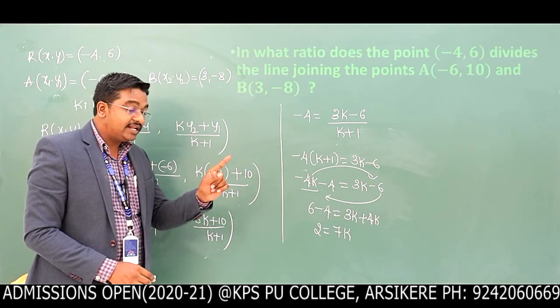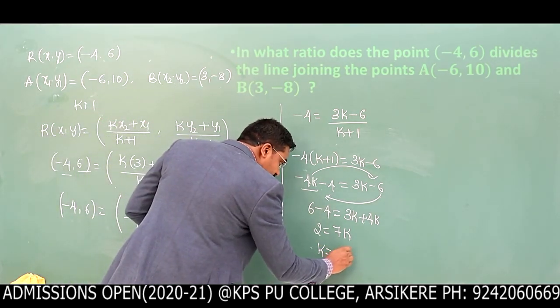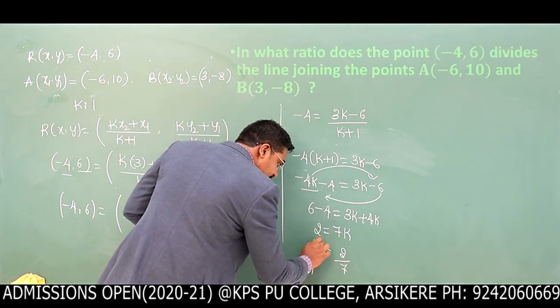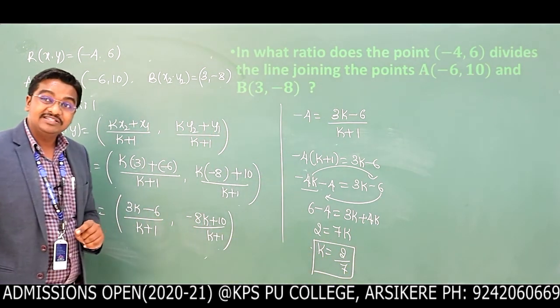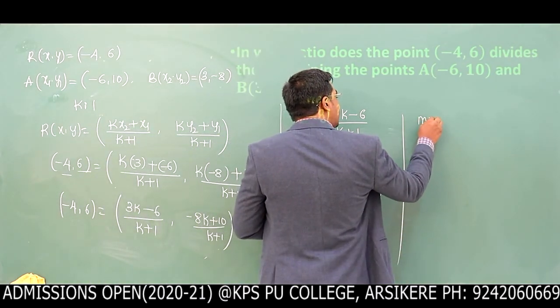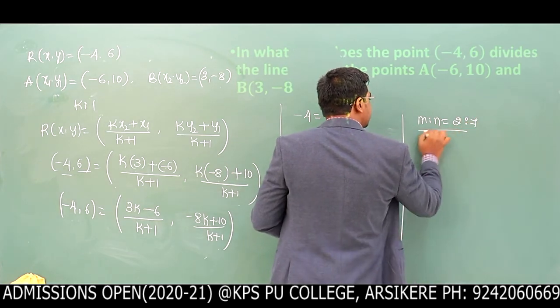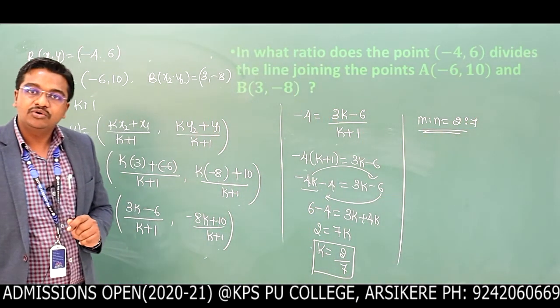So 3k plus 4k becomes 7k. What is k then? Therefore, k is equal to 2 by 7. Then what is the ratio? Very good. The ratio m is to n is equal to 2 is to 7.